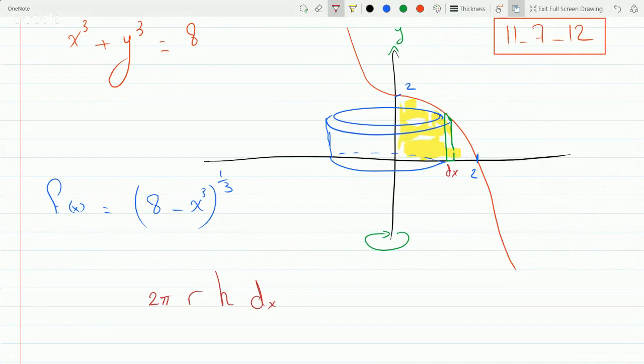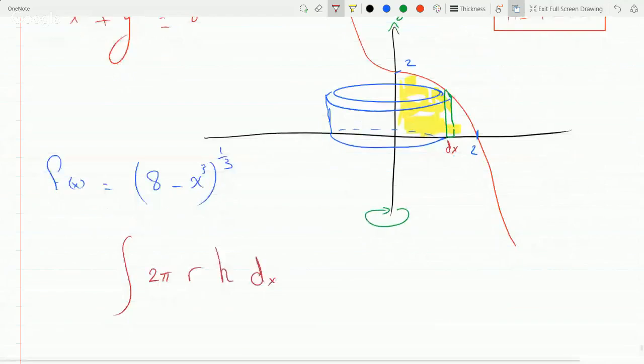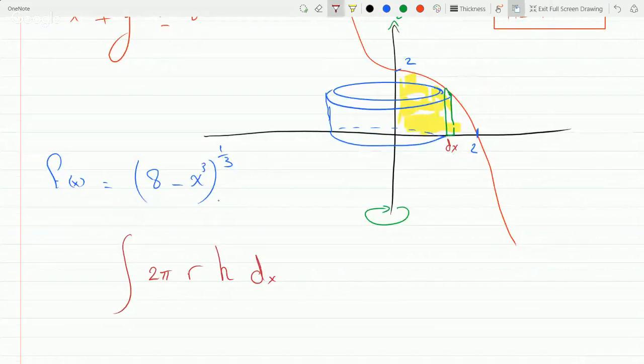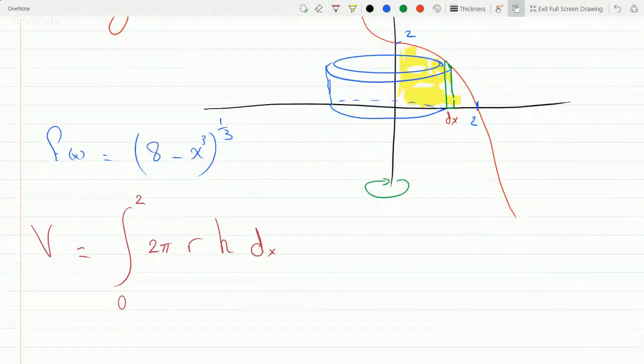So this is for one shell. And if you integrate this over the entire area, going from 0 to 2, you would get the V for your surface. Now the question becomes, what's R and what's H?